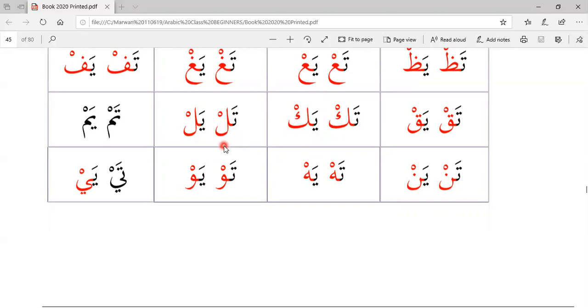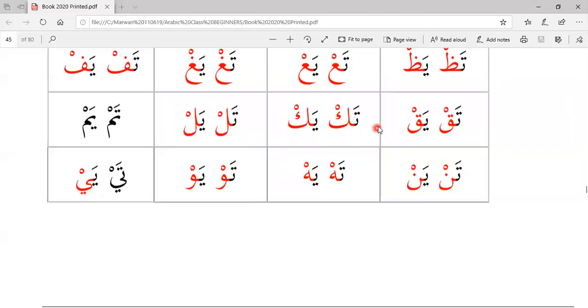Tal, yel, tam, yam, tan, yen, tah, yah, tau, yow, tay, yay.